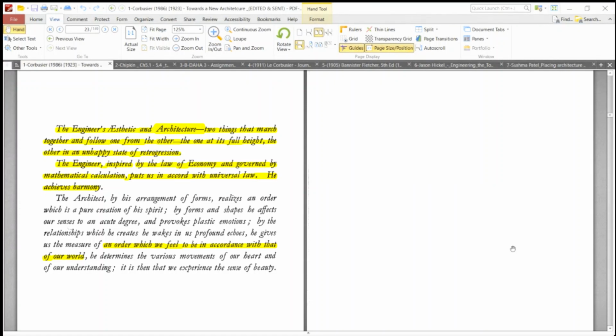An order which we feel to be in accordance with that of our world. So the modern world, he's saying, is about objectivity, universality, science, maths, and engineers capture that more than anyone else. And this is the future.